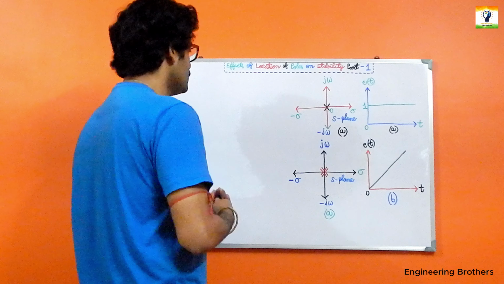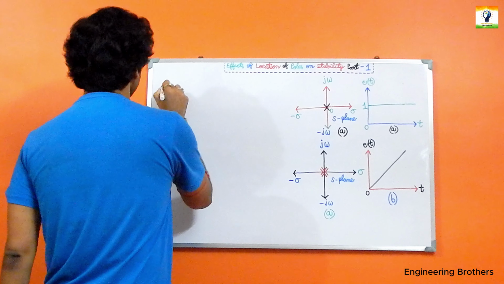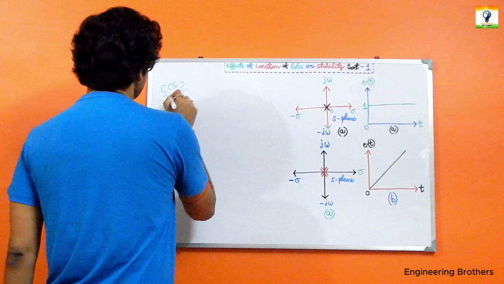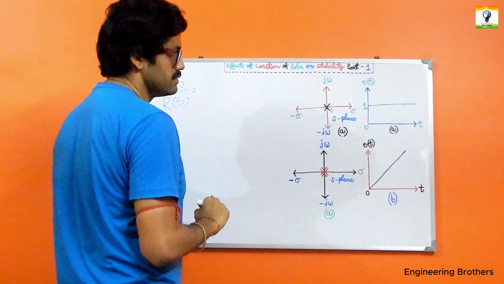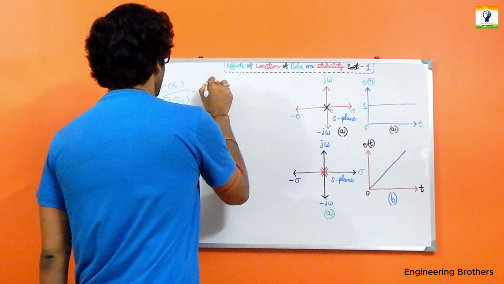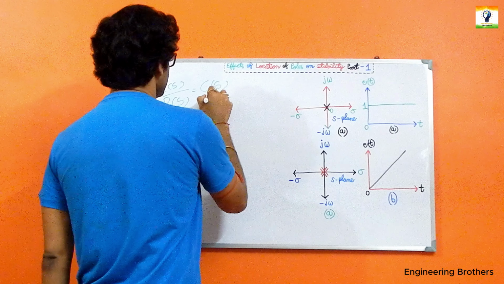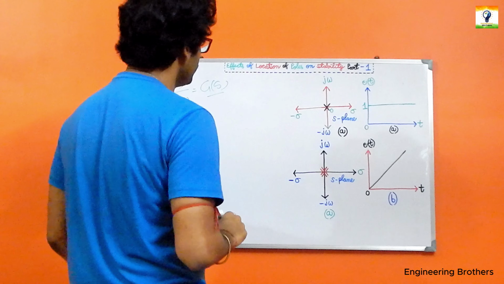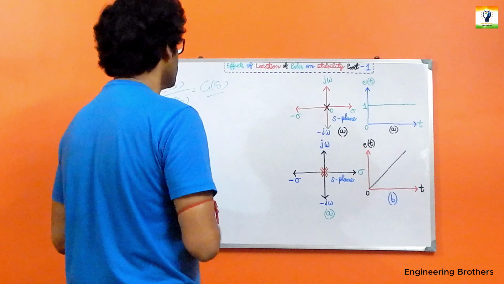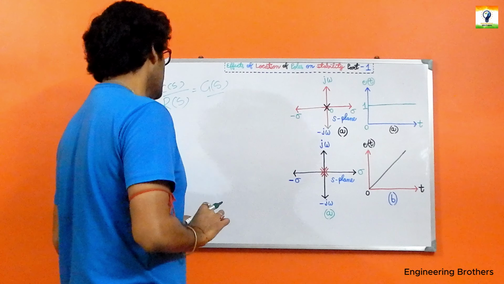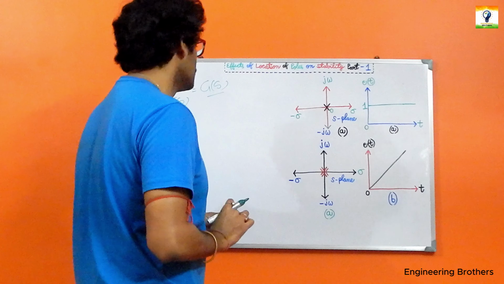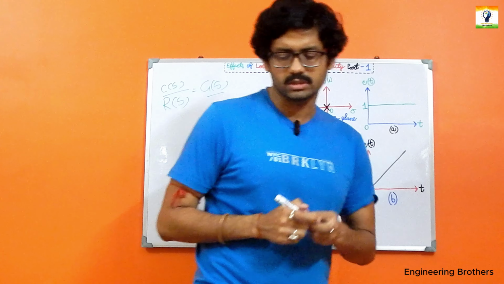We do know that according to the transfer function we have C(s) divided by R(s), that is the definition of our transfer function, and G(s) will be our system, and the stability should be referring to our given G(s).